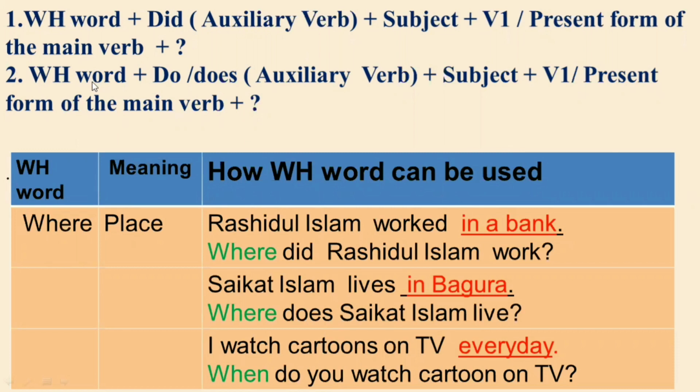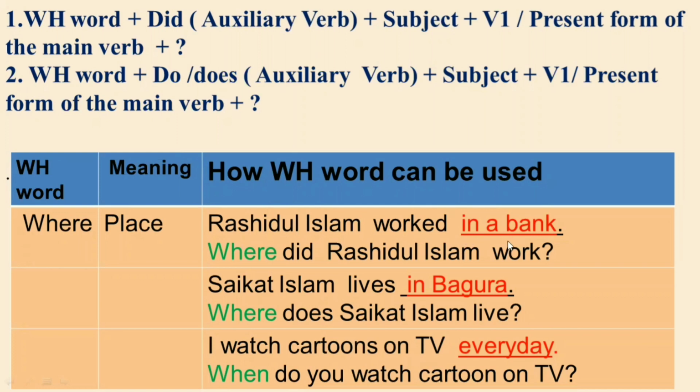And the second one: WH word, do or does as an auxiliary verb, and subject plus V1, the present form of the main verb, plus question mark. So here you can see, Rashidul Islam worked in a bank.